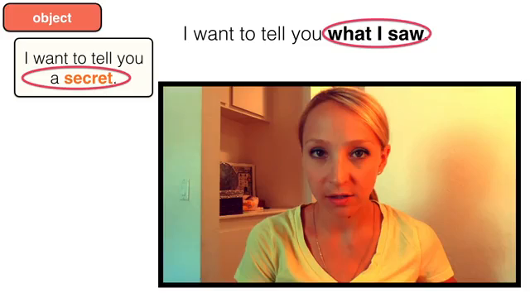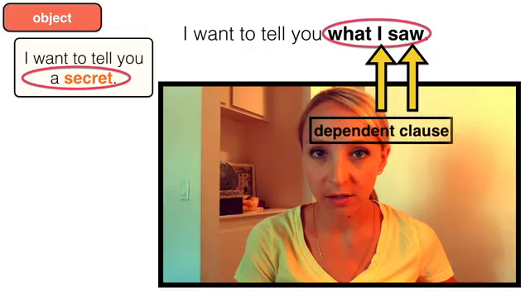In this case, what I saw is a noun clause because it performs the job of a noun and contains a subject and a verb. Because this clause is not the main clause of the sentence, we know that it is a dependent clause. Therefore, all noun clauses are dependent clauses.